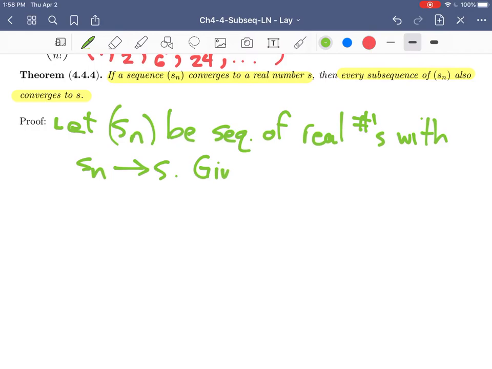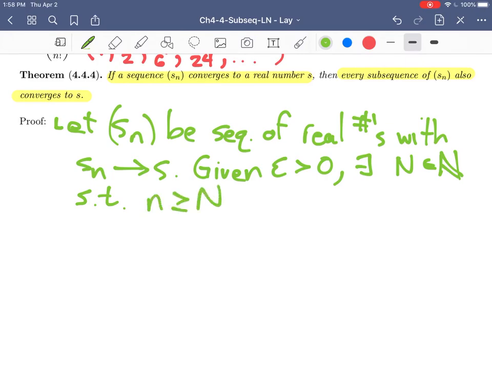Well, it tells us given epsilon greater than 0, there exists a natural number N such that whenever little n is at least the value of big N, this implies that the difference between S sub n and S is less than epsilon. So that's our definition of convergence.